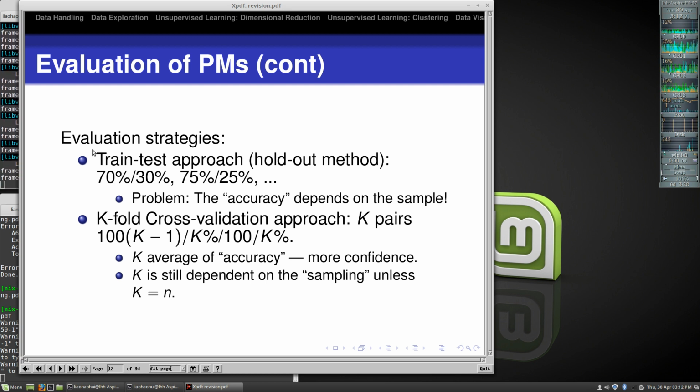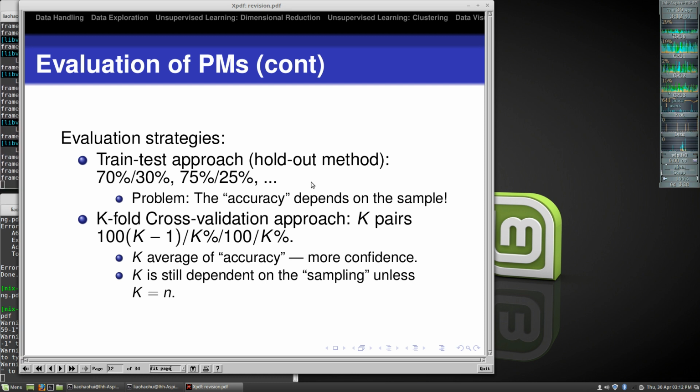The simplest is always just to split into training and testing, but how many percent? We can split something like 70-30, 75-25, etc., depending on how many data we have.